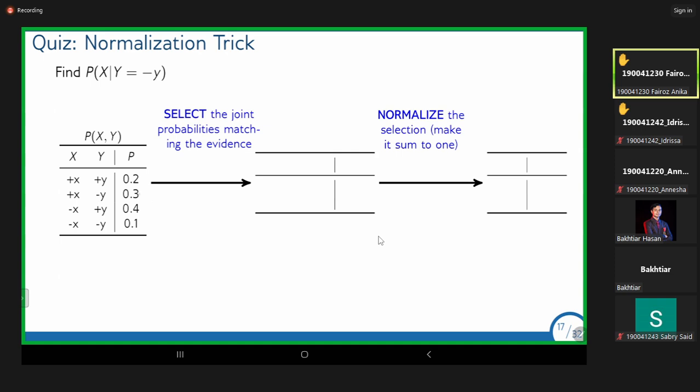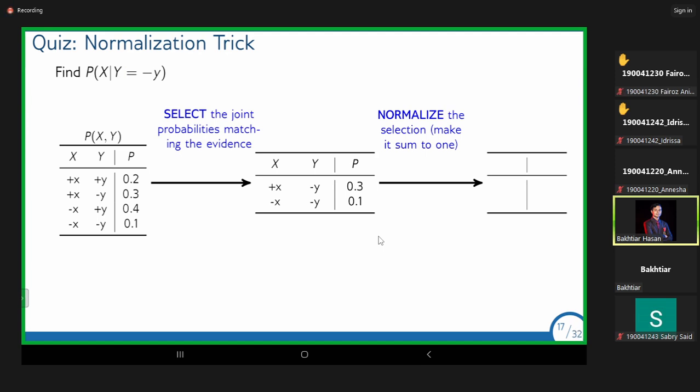We are not thinking about numerator or denominator; we are thinking about the rows that match our evidence. So we select the rows that contain minus y, so 0.3 and 0.1. Good. We have selected those rows.